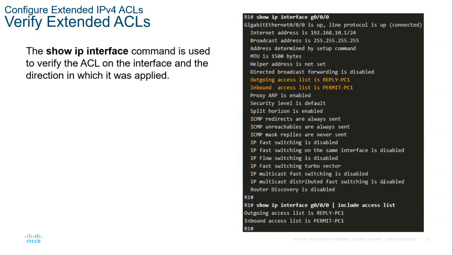To verify, show IP interface brief, then we can actually see the directed broadcast forwarding is disabled. So the outgoing and inbound are here.